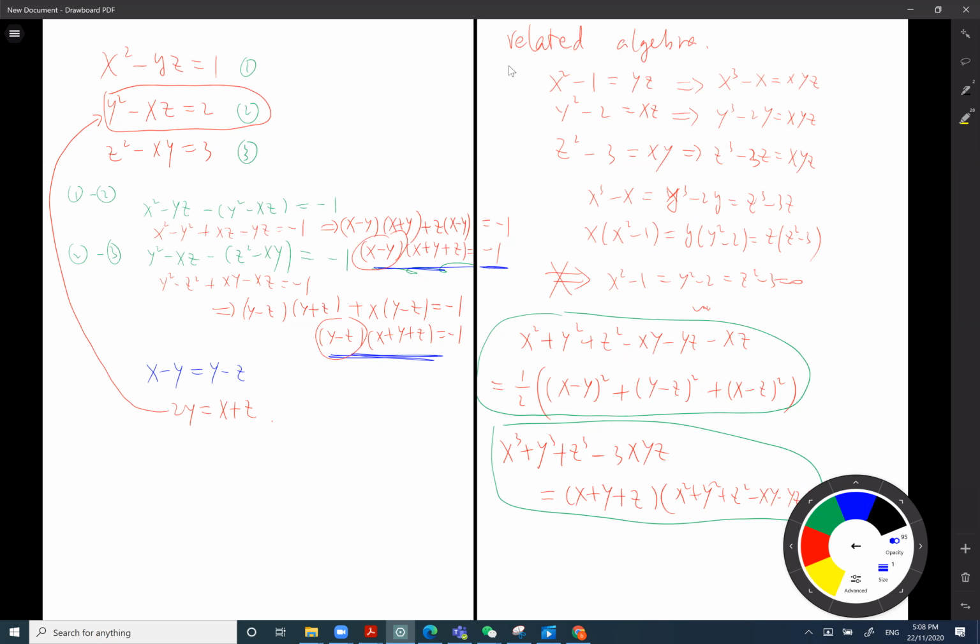We substitute into the second equation. We got a quarter of (x plus z) squared equals 2. Because y equals (x plus z) over 2, you substitute into y squared.